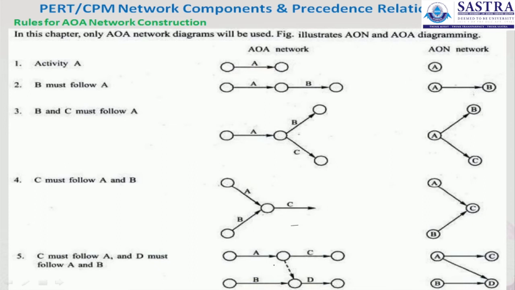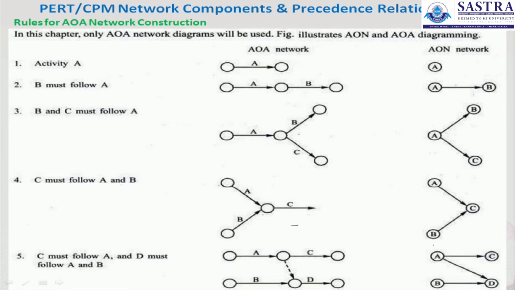This is the AOA network. But in the AON network, activity A is encircled with A. That's all. B must follow A means encircled A, and after that activity B takes place. Third, B and C must follow A, so the AON network is represented like this.